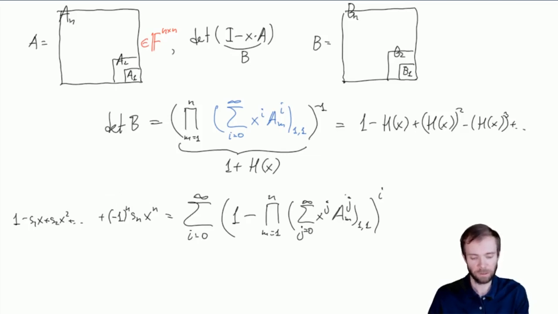But then it just means that when we expand all these things formally, all the terms involving higher powers of x will just vanish. So we do not really need this infinity here, because the power of x would be too high. So if we are interested in just powers of x up to n, we can here end the summation not at infinity, but at j equal to n.